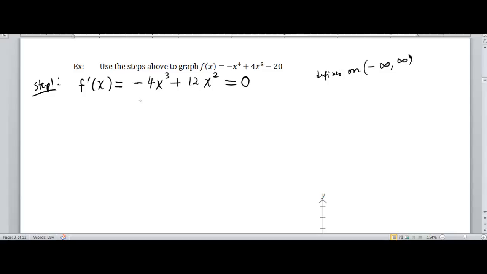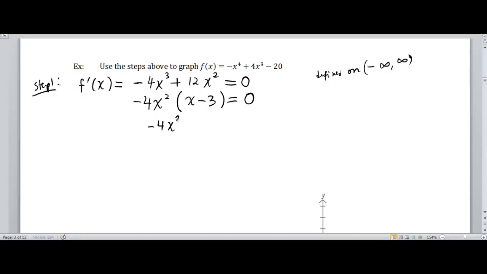And so let me pull out a negative 4x squared. And then I'm left with x minus 3. Set that equal to 0. And when I set both of these equal to 0, I get negative 4x squared equals 0.